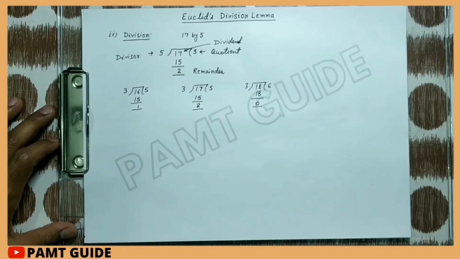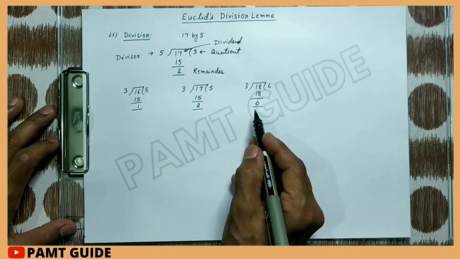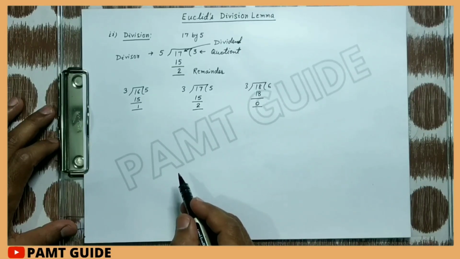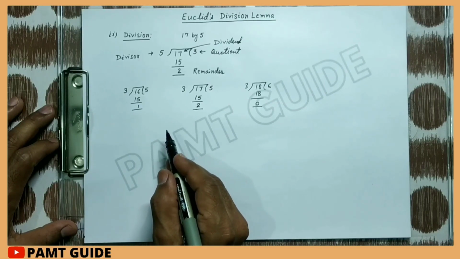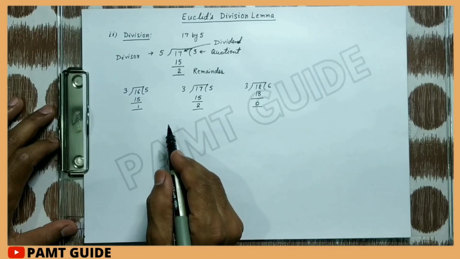So we are seeing that in all of the cases, the remainder is always less than the divisor, but not greater than the divisor, and it will be greater than or equal to 0.